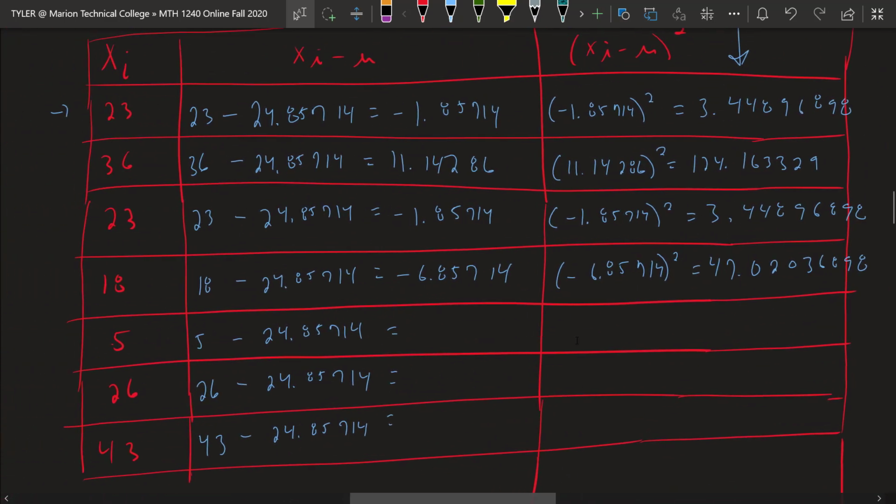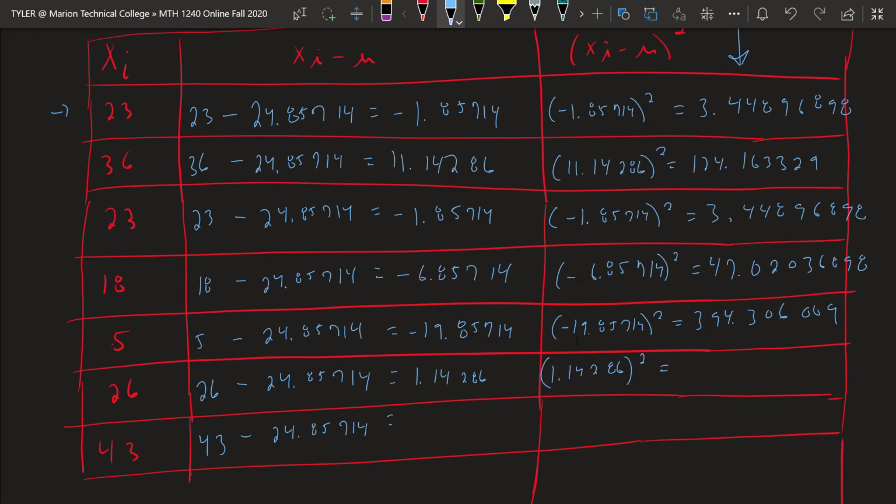Right? So then the next one, we have 5 minus 24.85714. So that gives you negative 19.85714. So when I square that, I get 394.306009. And then so we have 2 left, right? So this next one, the difference is 1.14286.